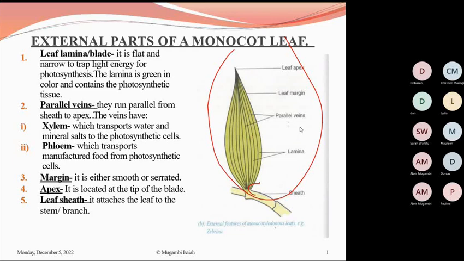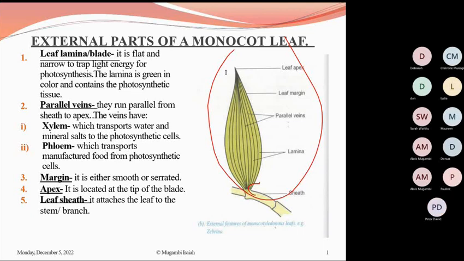Amazing. So maybe I want to open up so someone can give us the differences between a monocot and a dicot leaf from what we have been able to see. Someone? Yes, Deborah? In monocot, it has parallel veins, but in dicot it has network veins. Yeah, very good. A clap for her.